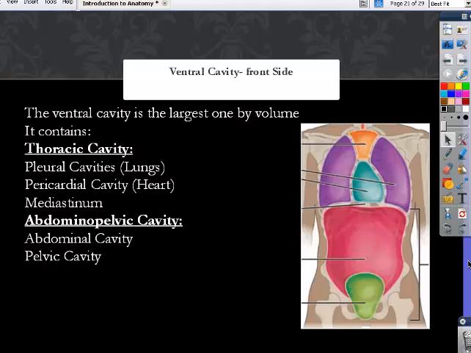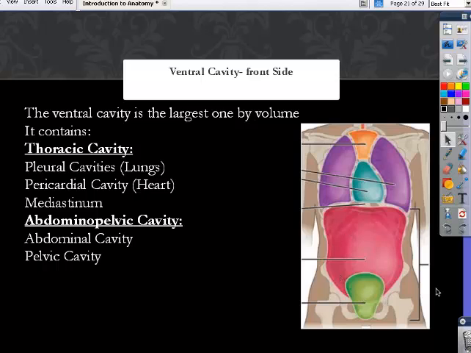The abdominopelvic cavity is very similar in the sense that it has the abdominal cavity and the pelvic cavity in it. And if you take abdominal and pelvic and merge those names together, that's what makes the abdominopelvic. So the pink part of the picture is the abdominal cavity, and the green part is the pelvic. And of course, the entirety of the two together make the abdominopelvic.